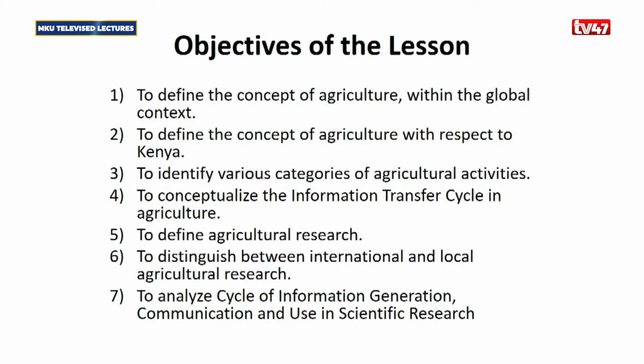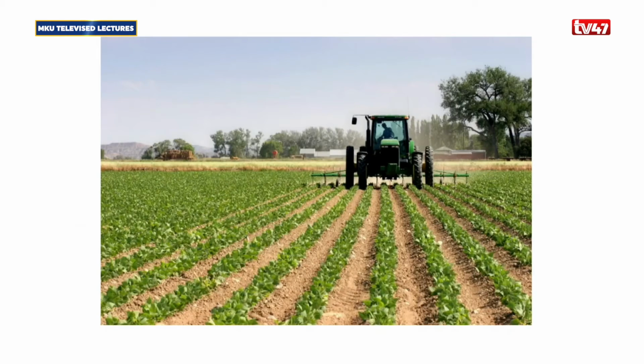Let's set the mood by looking at a few images of agriculture activities. We begin, you can see this is commercial farming, whereby there's a tractor there, mechanization, tilling the land, or weeding.